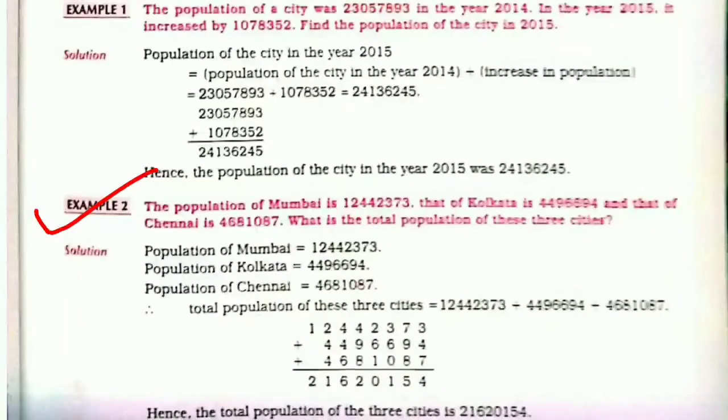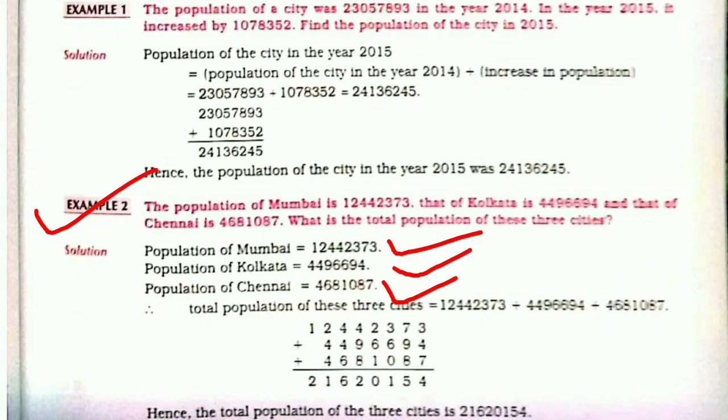Now, as you can see, example number 2 is on the screen. The population of Mumbai is 1,24,42,373. That of Kolkata is 44,96,694, and that of Chennai is 46,81,087.